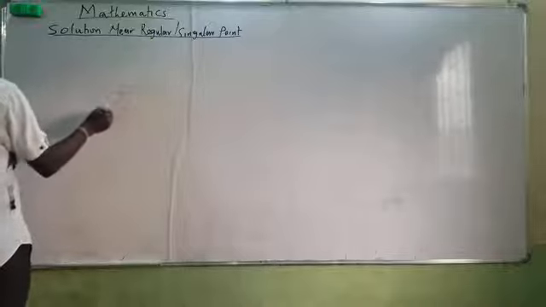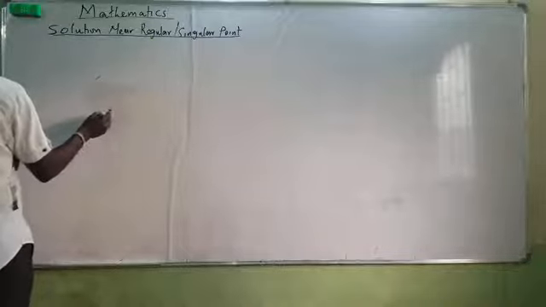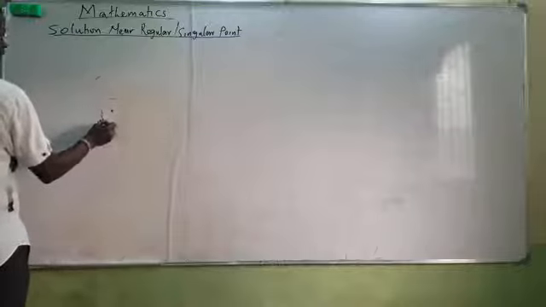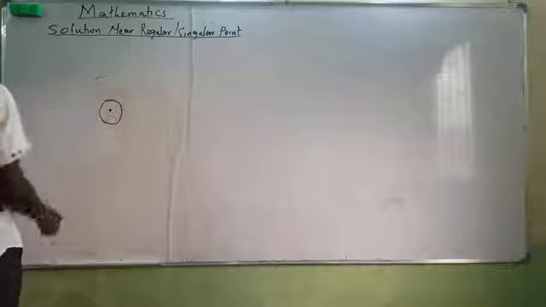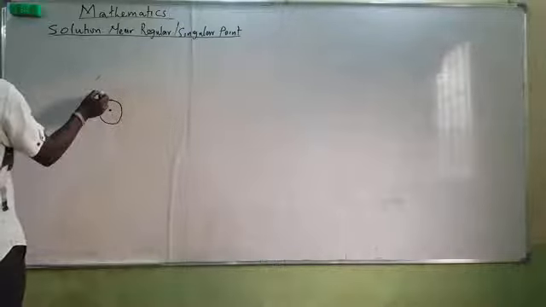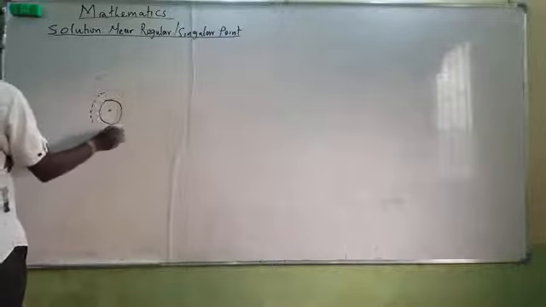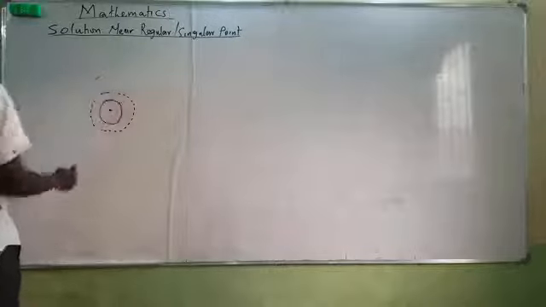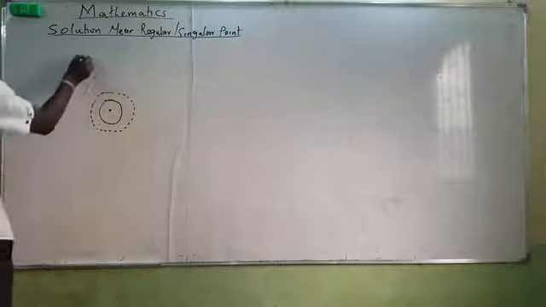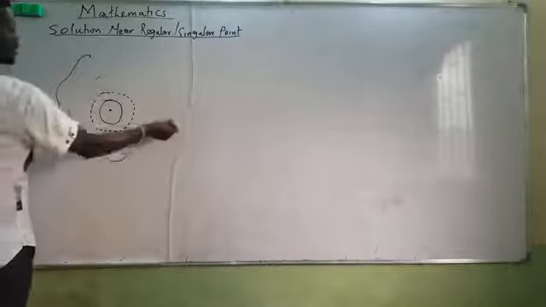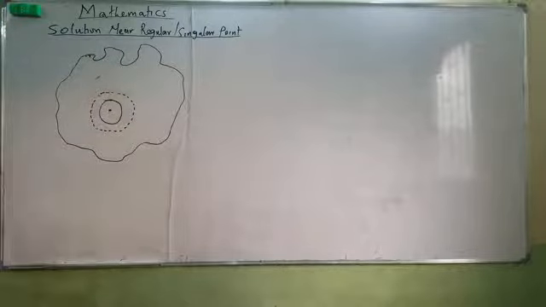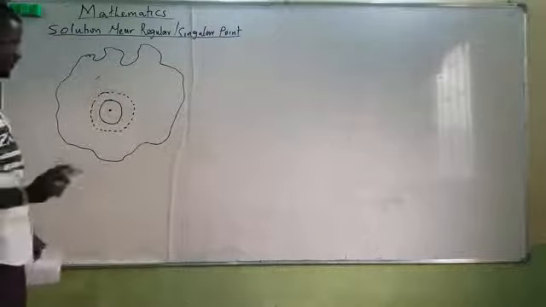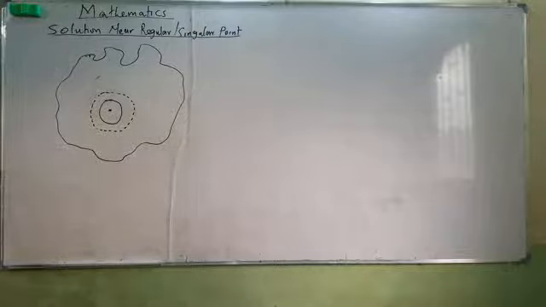Now, in that school, we have our boundary, and I will have the local government that the school is operating on. Okay, can you see? Now, listen to me very well. I will use this diagram to explain regular singular points.